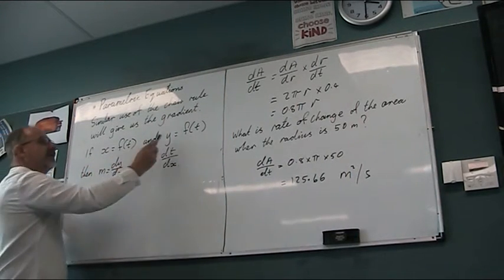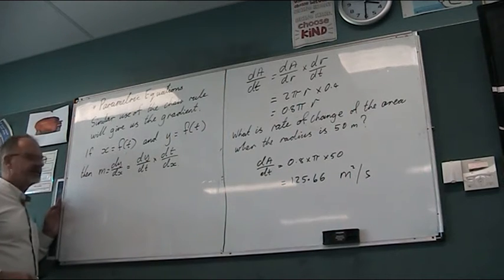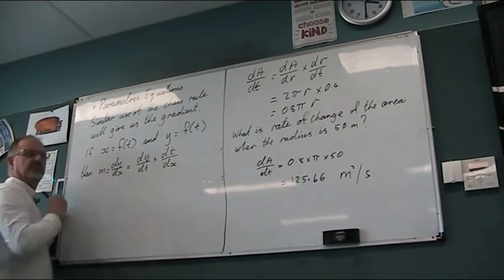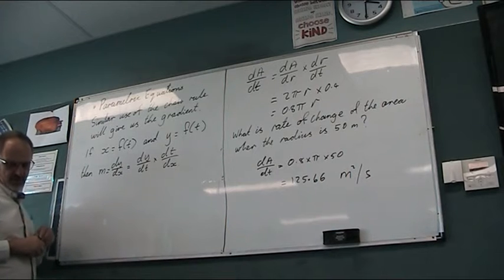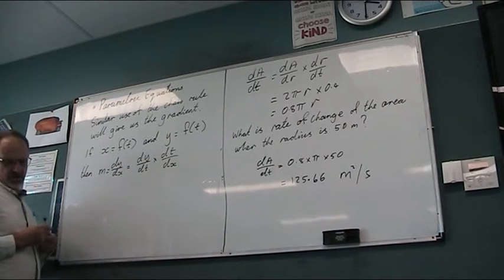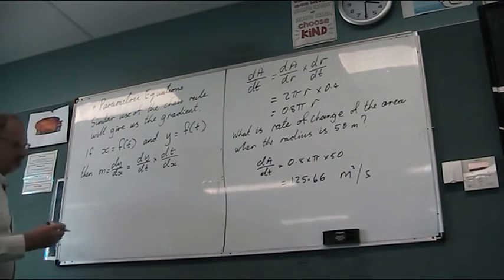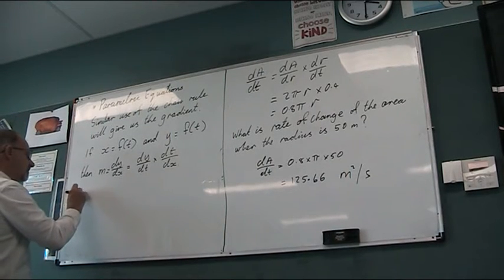So we differentiate each of those with respect to t and then put it together to find the gradient of the curve. So let's have a look at an example of how you might do that.